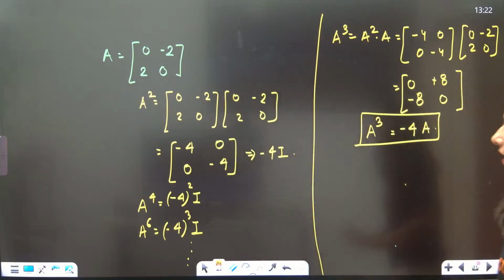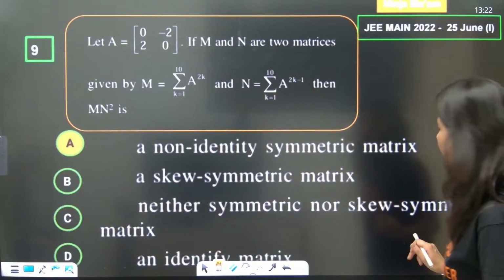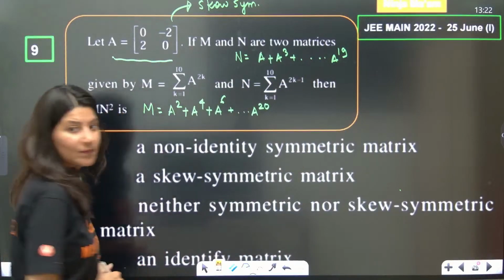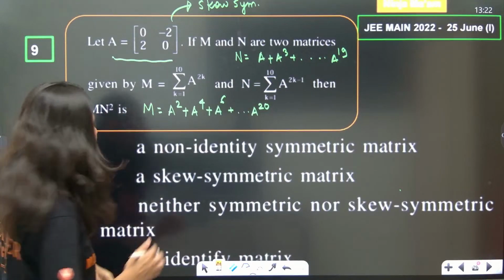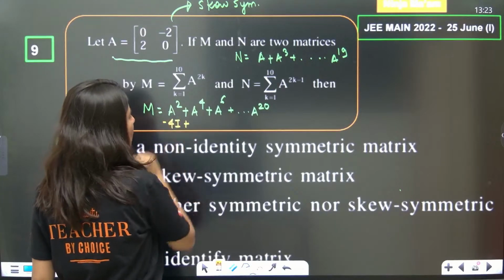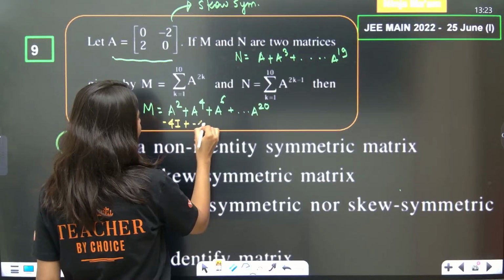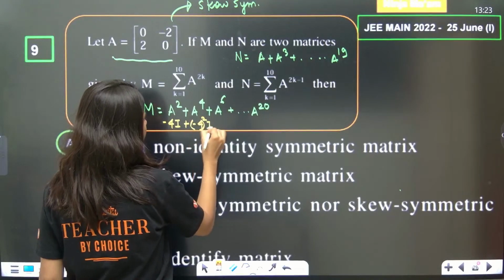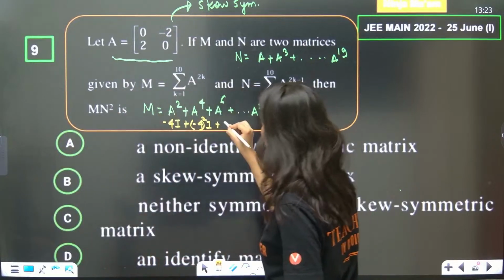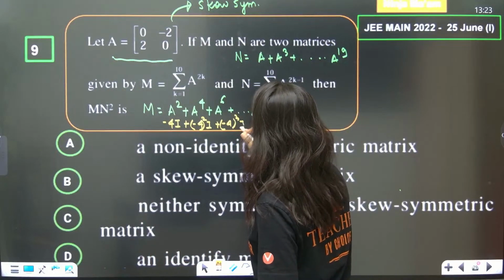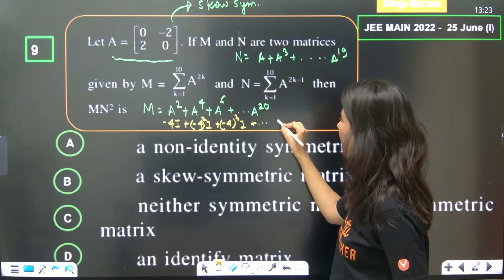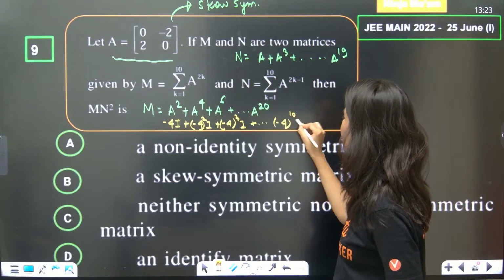Now let's talk about this. A squared, anybody in the chat box, what is A squared? We have just calculated it. A squared is minus 4 times the identity matrix. Plus A power 4 will be the square of this, so minus 4 squared I. Then minus 4 cubed I, and all the way up to minus 4 power 10 times the identity matrix.